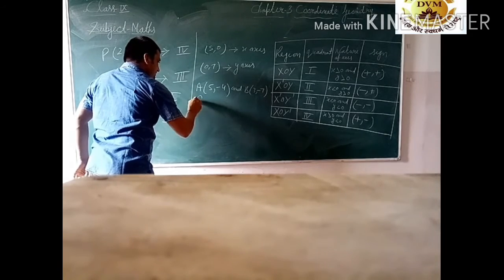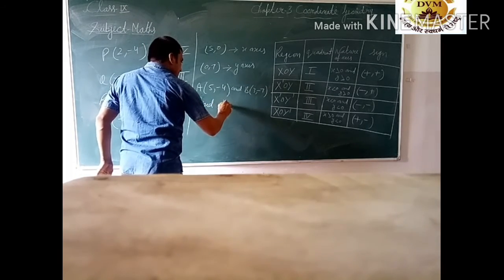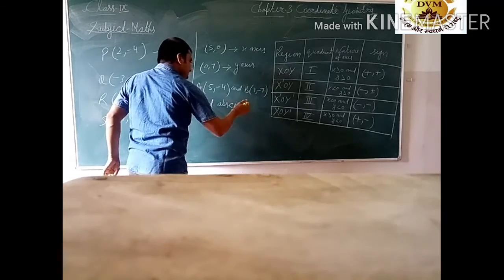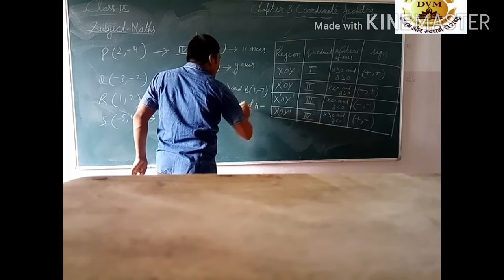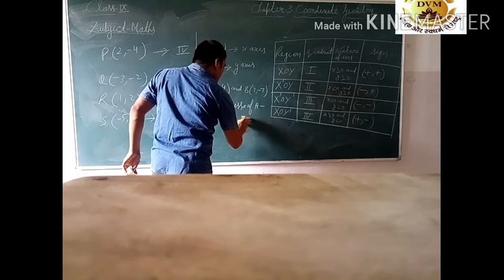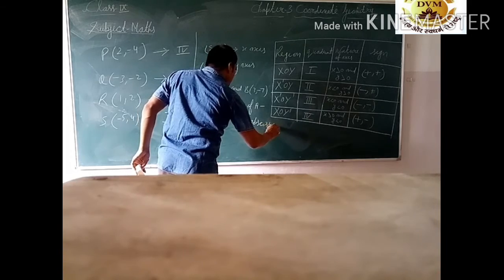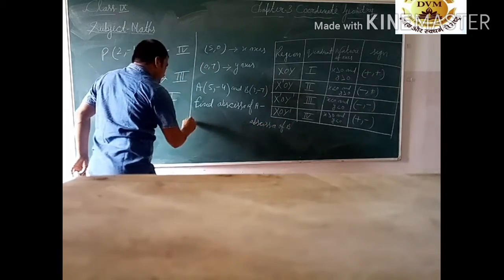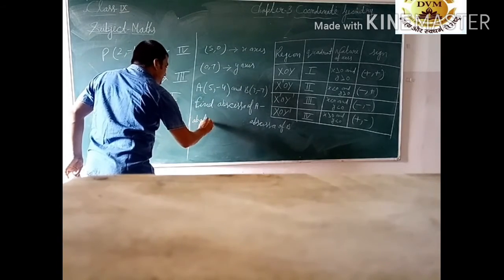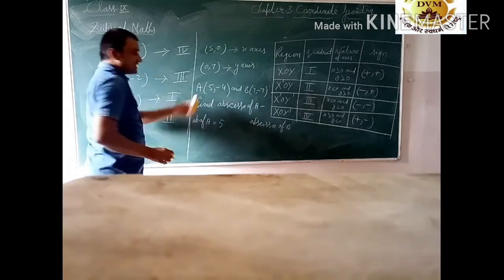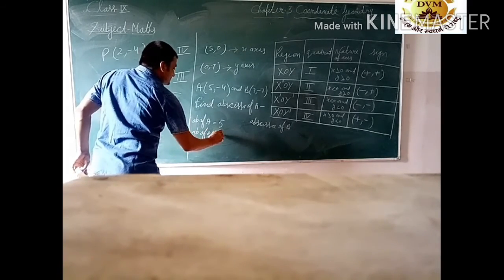Find the value of abscissa of A minus abscissa of B. Firstly, abscissa of A is 5, abscissa means x coordinate, and abscissa of B is 3.